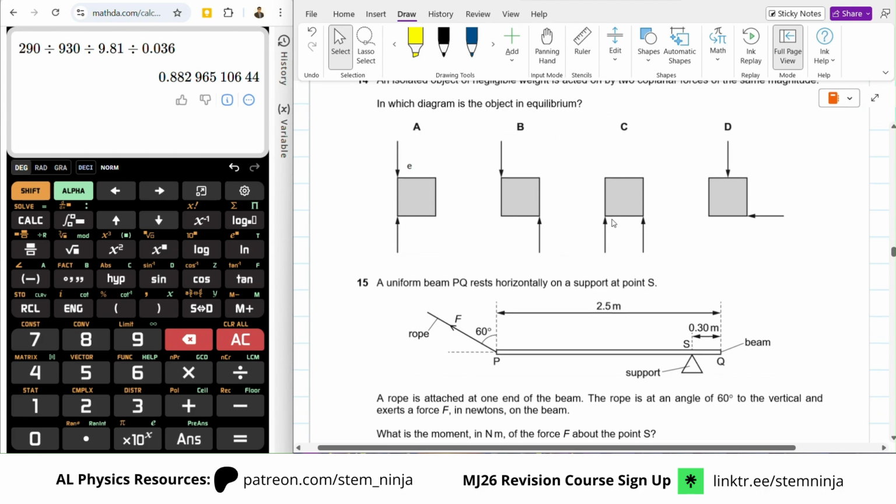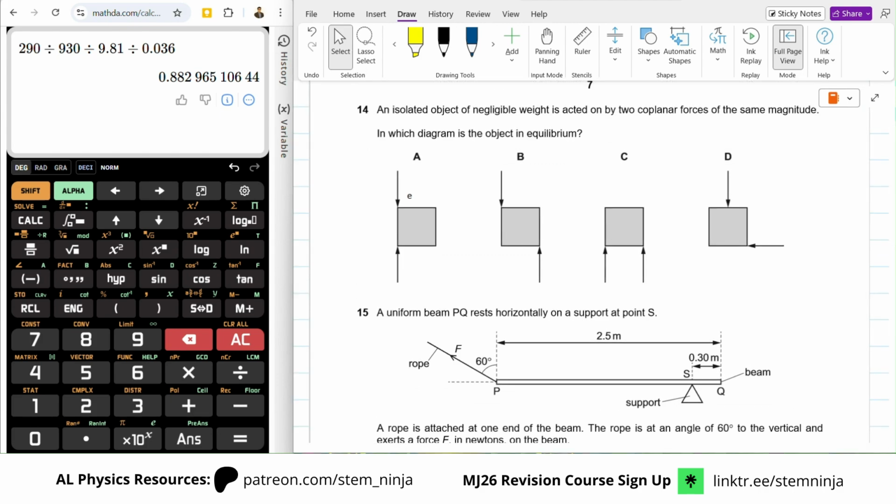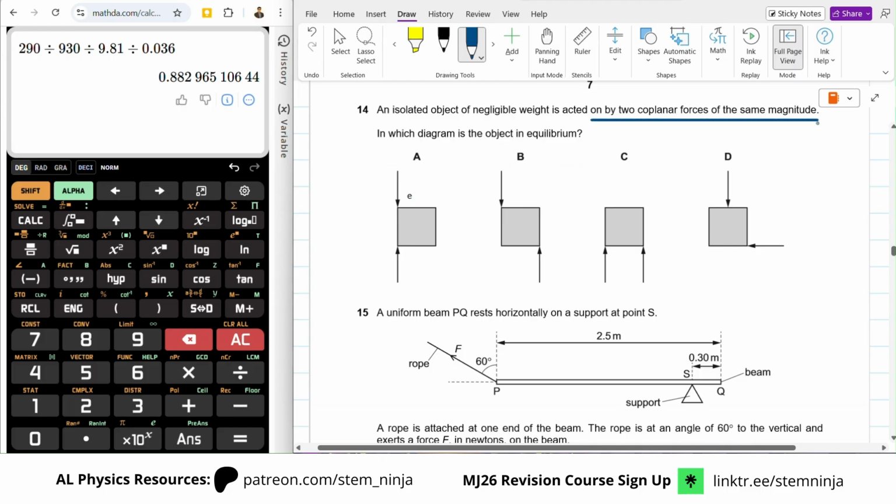All right. An isolated object of negligible weight is acted on by two coplanar forces of the same magnitude. In which diagram is the object in equilibrium? So remember, for equilibrium, we have two conditions. Sum of forces in any direction is zero, and sum of moments about any point is zero.